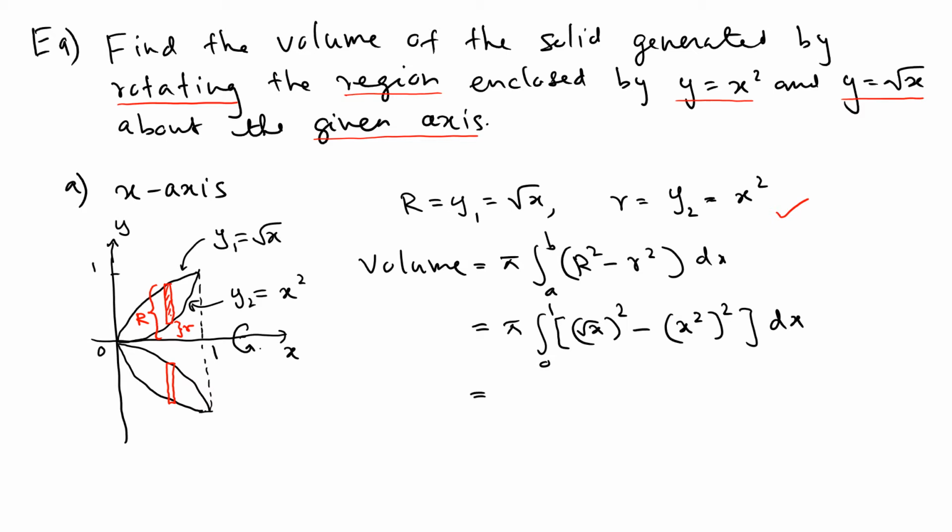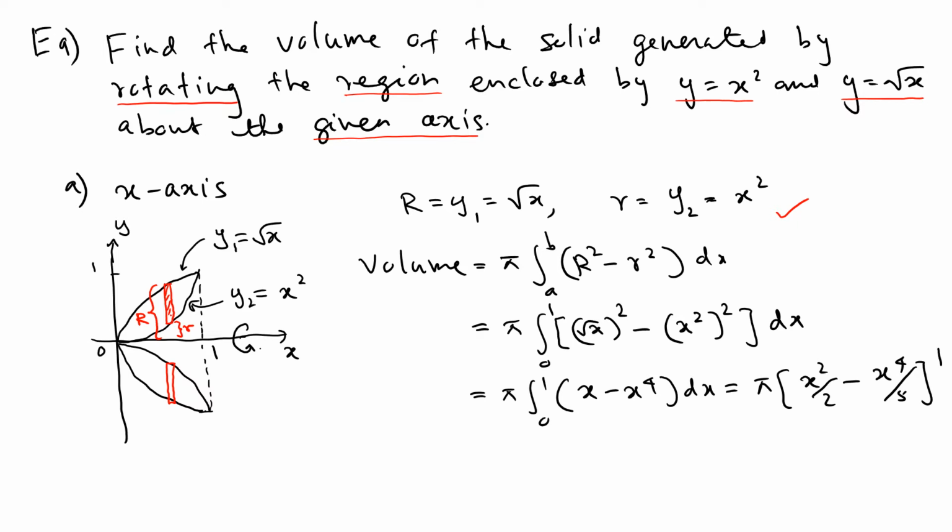So what we're going to do is simplify. When you square this, you're going to get x minus x to the fourth dx. So this is a very simple integral. So it is x squared over 2 minus x to the fifth over 5, and then we can evaluate at 1 and 0.